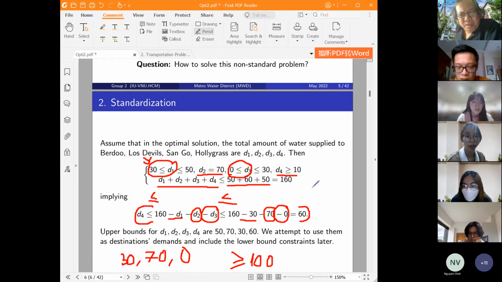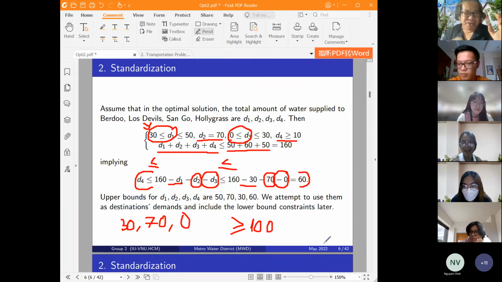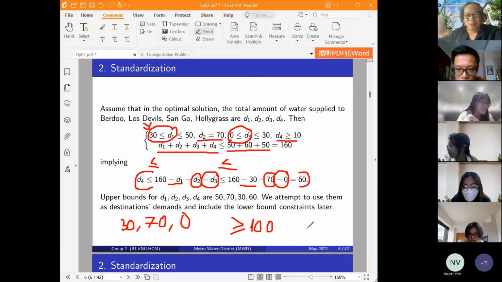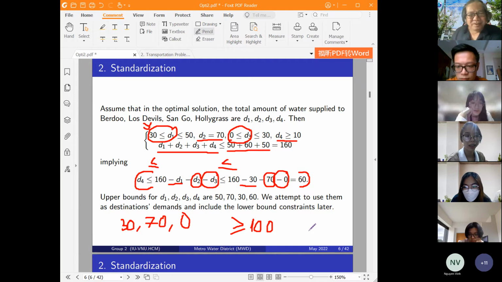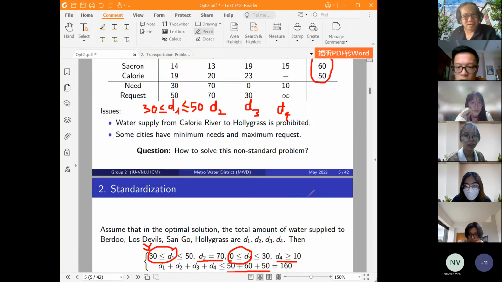Is that okay? The minimum need of all 3 is only 100. So in the best case, the nicest case, all the others are supplied with the minimum need. Then the water left is for the last one, which is Holy Grass.